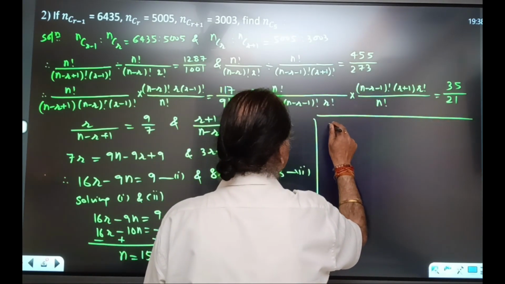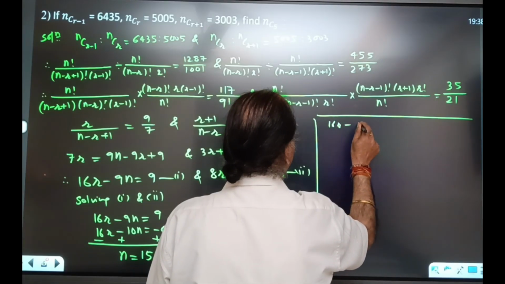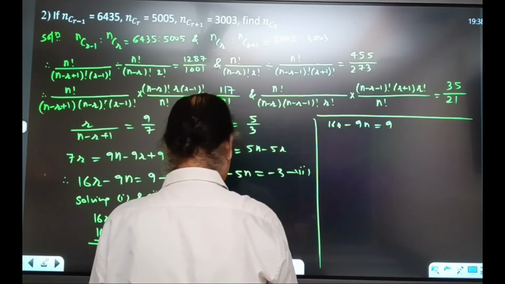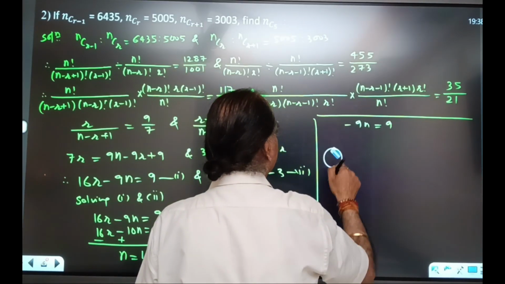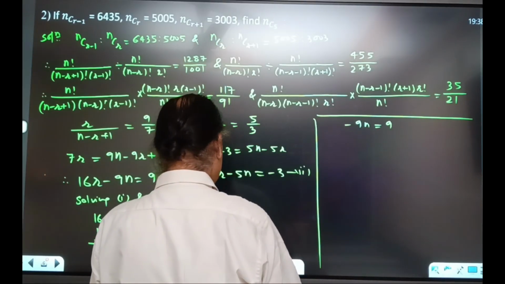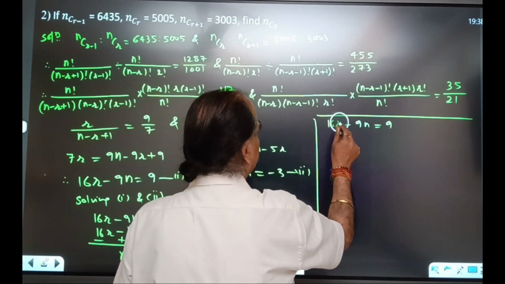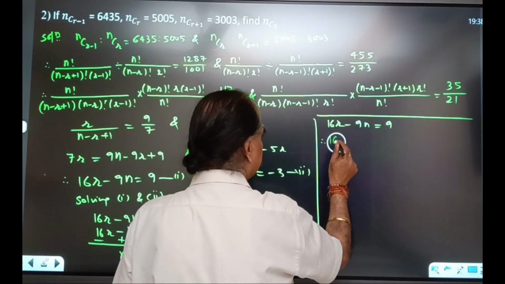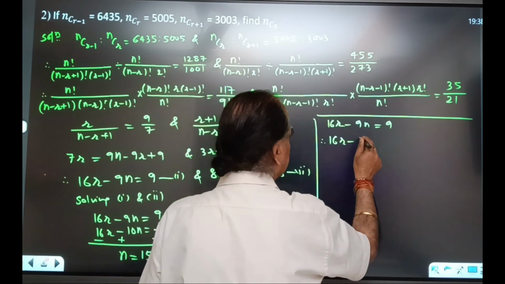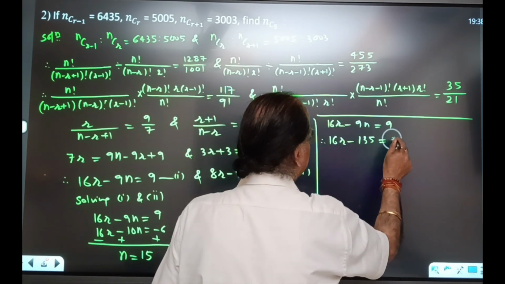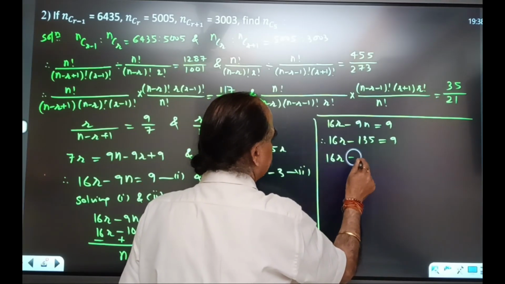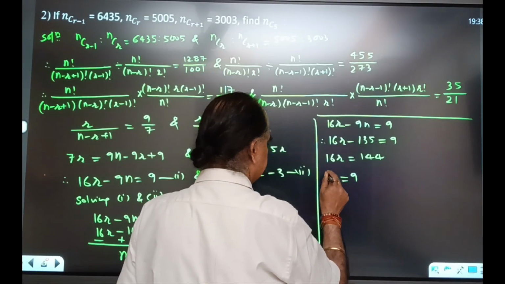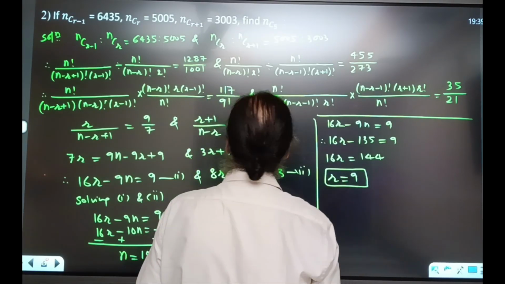Since 16r minus 9n is equal to 9, 16r minus 9 into 15 is what? 135. 16r is what? 144. r is what? 9. Our aim is what?